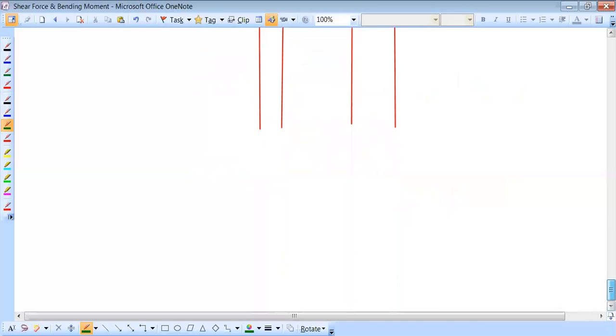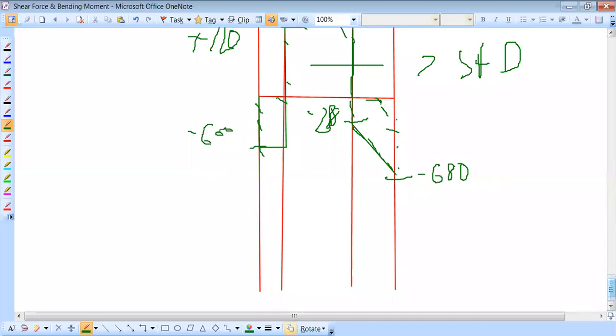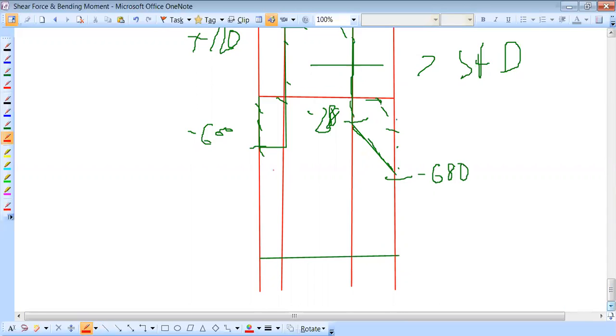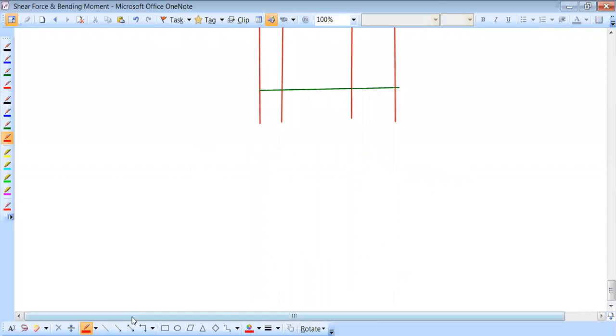Here you can see that draw a reference line here, and as is convenient for you, you can take a straight line at every point.